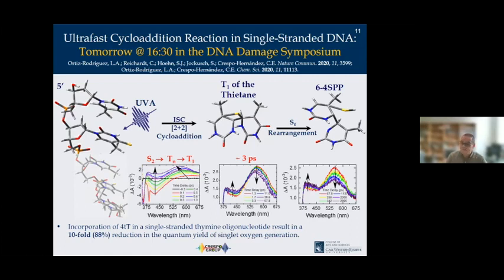So singlet oxygen generation is not efficient, or you can consume the singlet oxygen and eventually the photosensitizer will not be able to perform. If you come to my next presentation tomorrow, we will show that this photosensitizer can actually do an ultrafast 2+2 cycloaddition reaction, forming an analog of the 6,4 photodimer, which is highly reactive and can damage DNA.